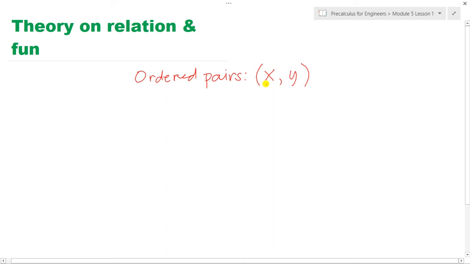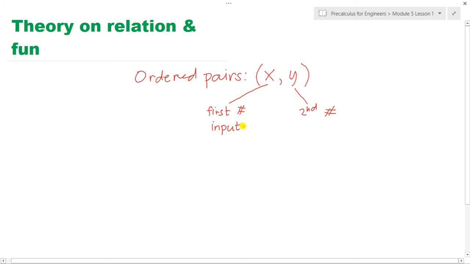Now these 2 right here have a lot of names. You can call this one the first number, and this one is your second number. The first number would be our input.